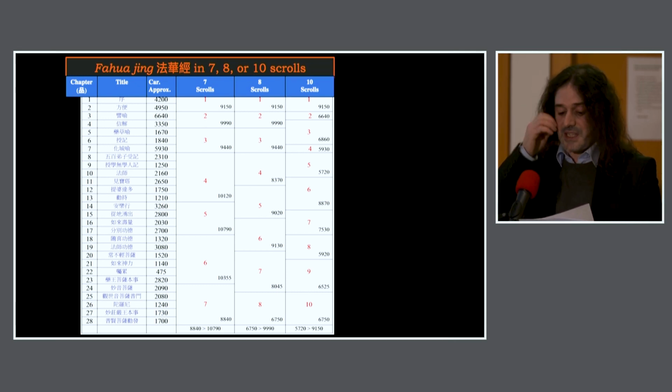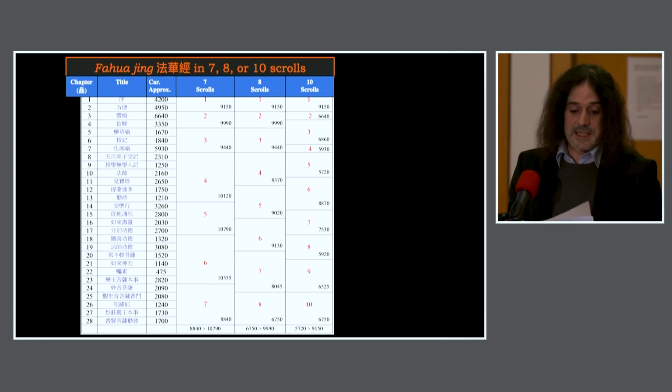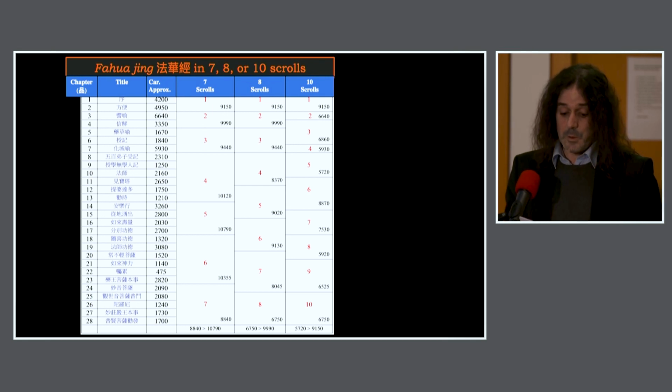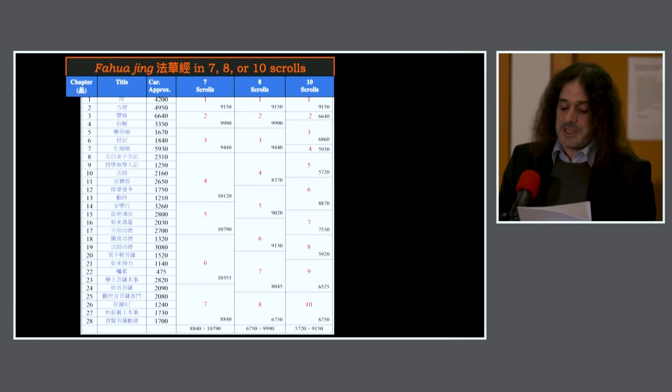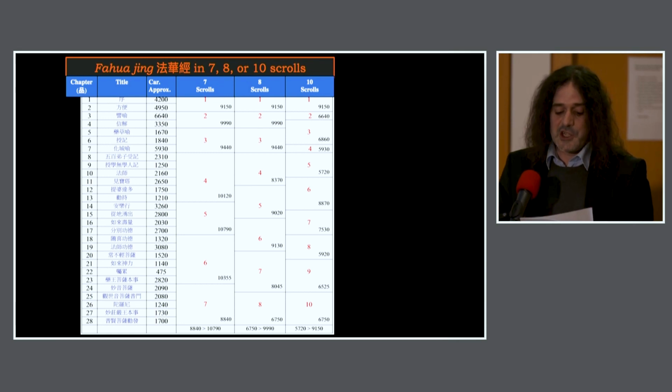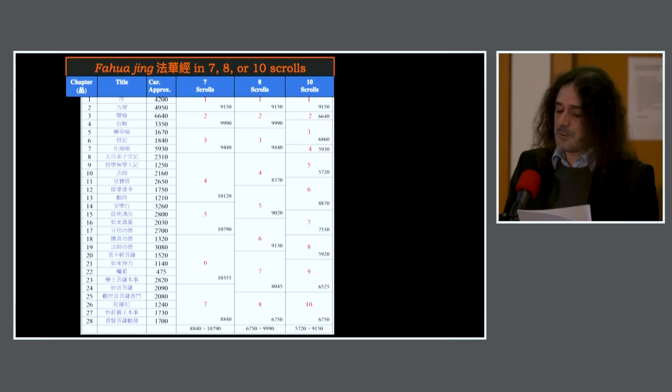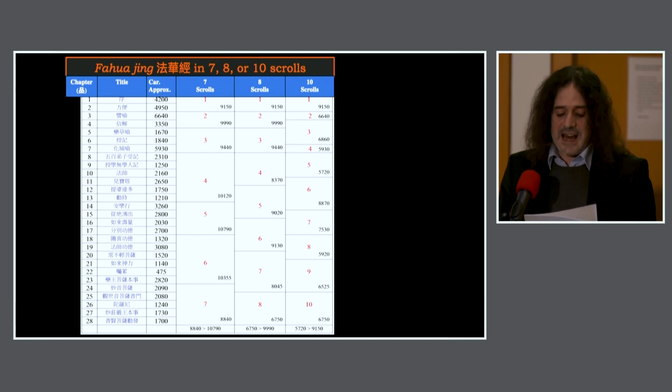So the content is the same, the number of chapters is the same; the number of scrolls and their organization are different. So the 10 and 8 scroll versions would seem to circulate during the Southern and Northern Dynasties period, while the 7 scroll version during the Tang.